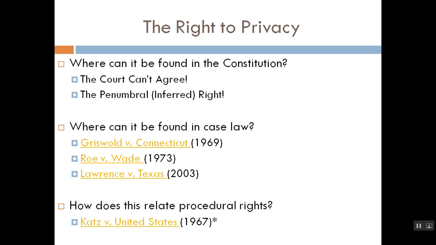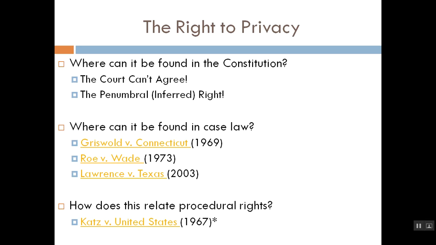In later cases, like Roe versus Wade, which expanded the right to privacy to encompass not just the use of contraception, but abortion during the first trimester, said that the right to privacy could be found instead in the Due Process Clause of the 14th Amendment. They said that if people are entitled to due process, then they are entitled to a certain degree of privacy.